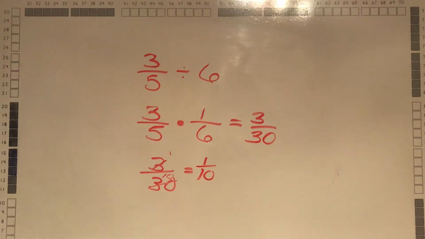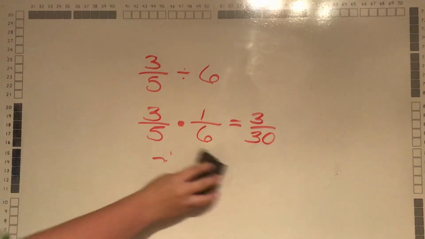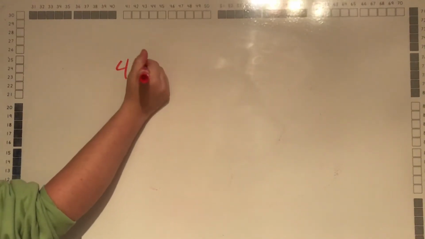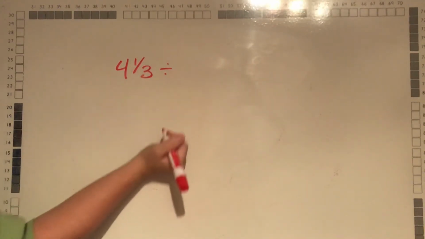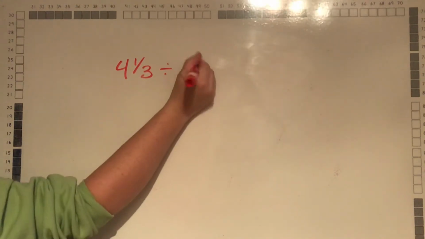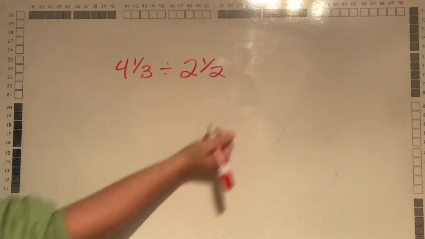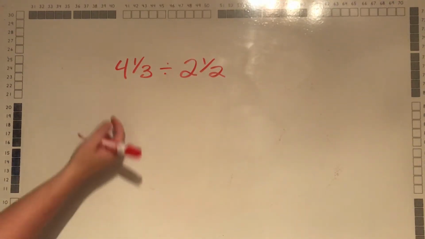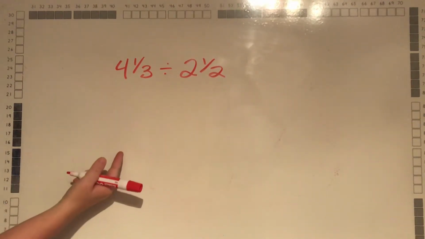Okay, now, what if our problem starts with a mixed number? For example, if we have the problem 4 1/3 divided by 2 1/2. Well, the first thing we would need to do is take our mixed numbers and turn them into fractions.